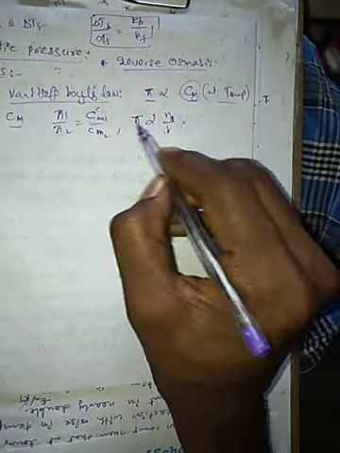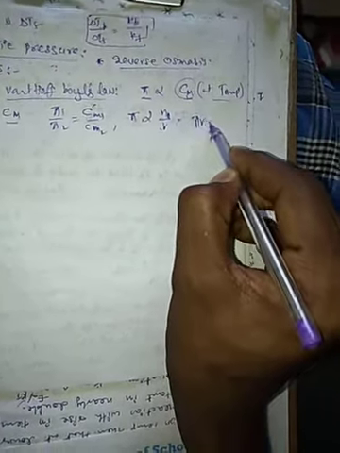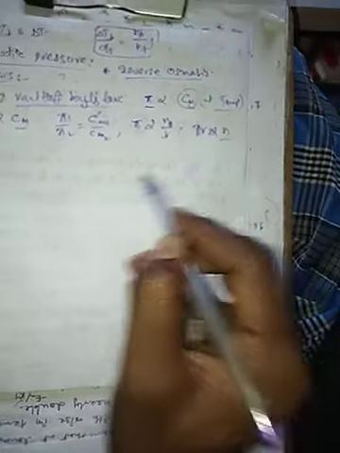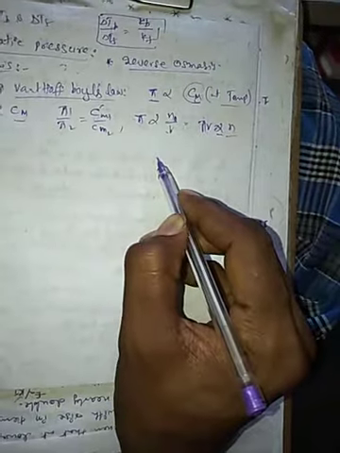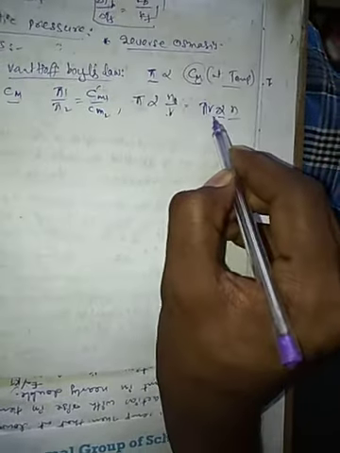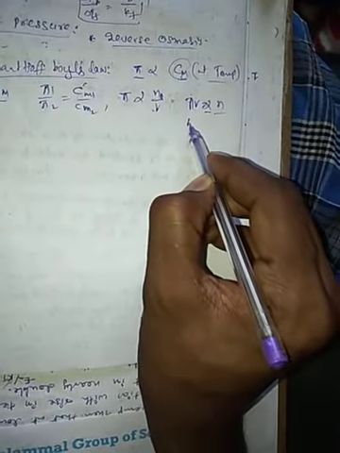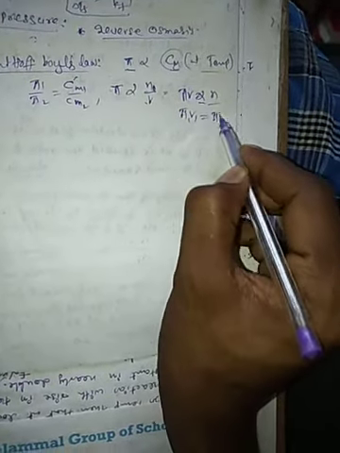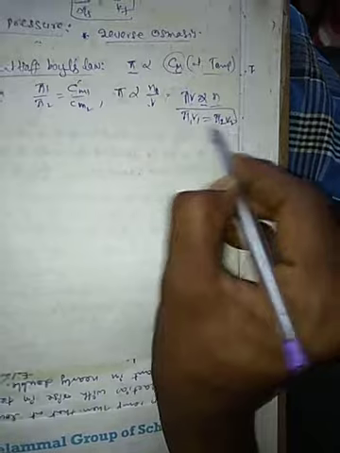Now we can write pi V is directly proportional to n. If you remove the proportionality, we get a constant. Now pi1 V1 is equal to pi2 V2. This is also one more equation.